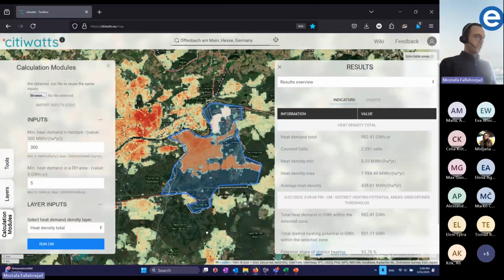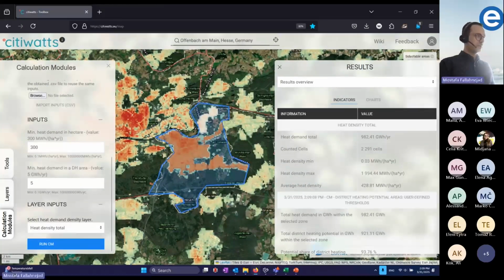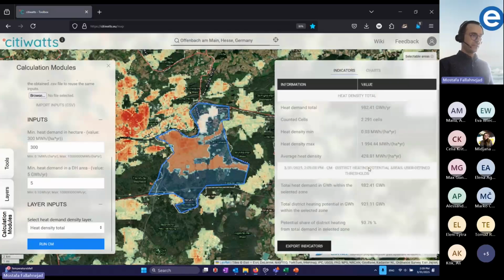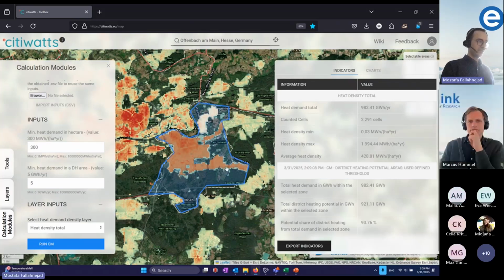It's pretty quick. So as you can see, we have some indicators on the total demand inside these identified district heating zones, and how much of the total demand is covered in the identified region. As you see, almost everything is included with these input parameters.